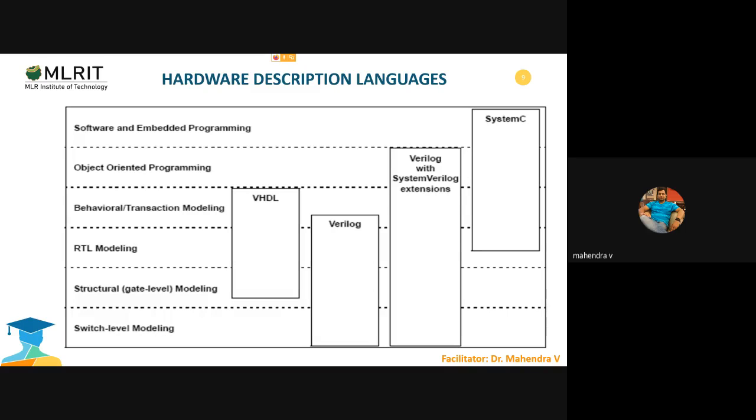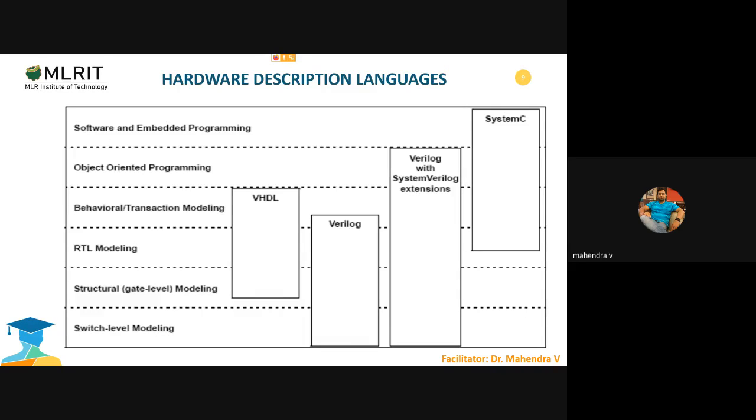System C and System Verilog are high-level hardware description languages used for functional verification of complex systems. That is why they support software and embedded programming and object-oriented programming. But VHDL and Verilog support only behavioral, RTL, structural and switch level. These 2 languages cannot support object-oriented programming or software and embedded programming. But nowadays, companies are embedding some of these features into VHDL and Verilog so that they also satisfy the requirements of the industry.